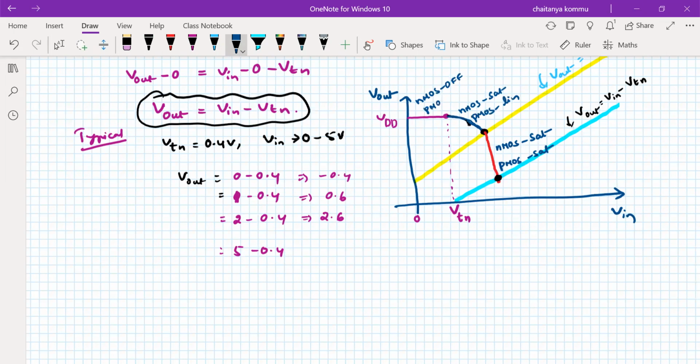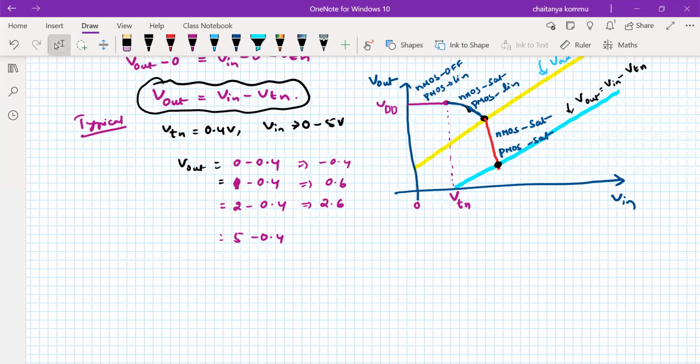PMOS is in linear. Now, the NMOS transistor has come out of the saturation region to the linear region. Here the maximum value is equal to VDD. Then the PMOS transistor will come out from saturation to the cutoff region.